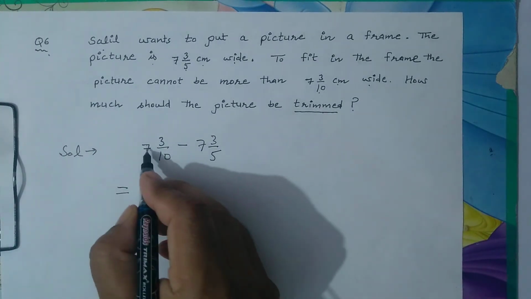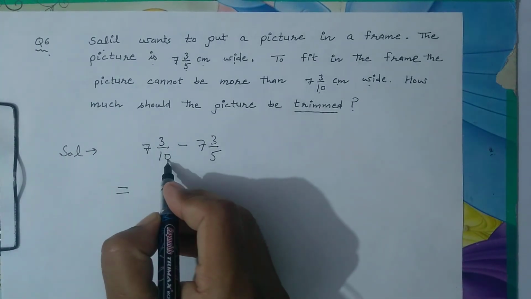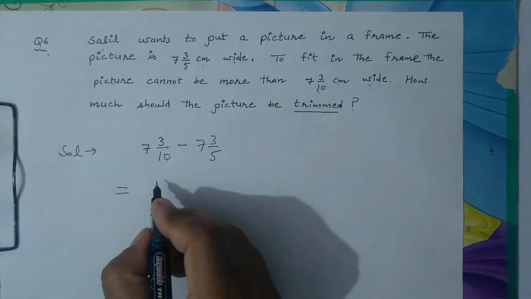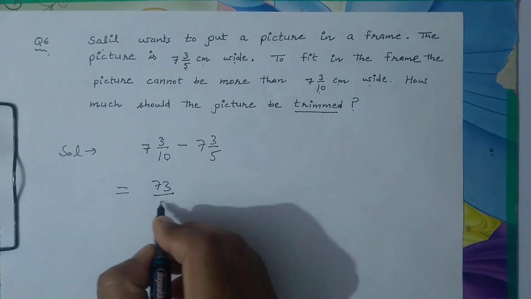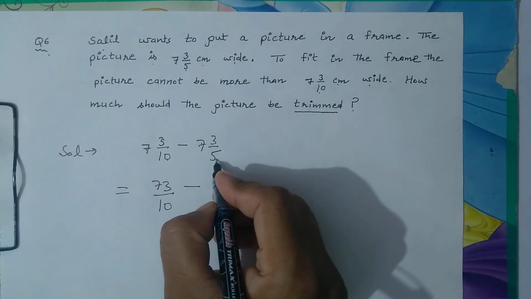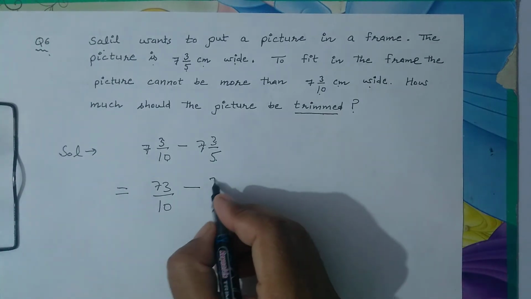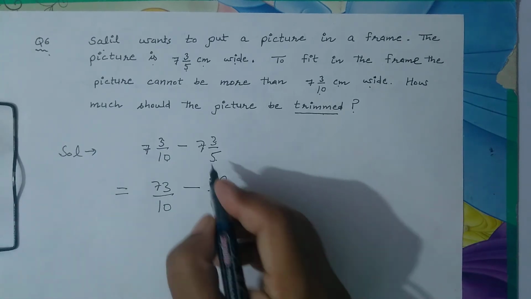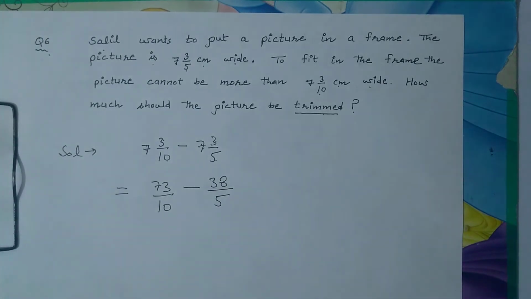First of all, multiply them. 7 into 10, 70. 70 plus 3, 73 upon 10, minus 7 into 5, 35. 35 plus 3, 38 upon 5.